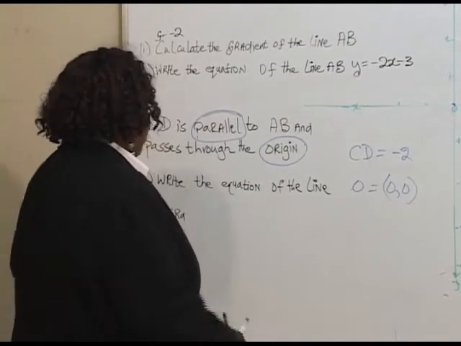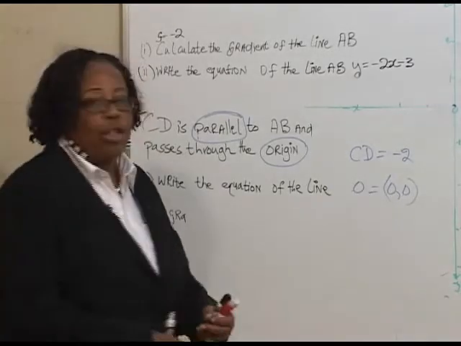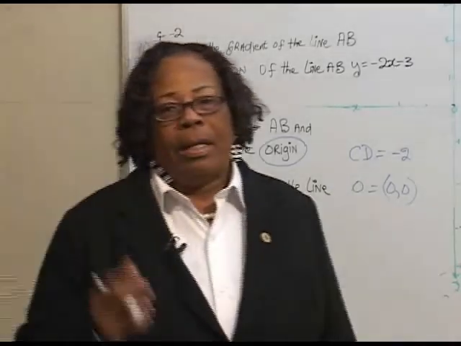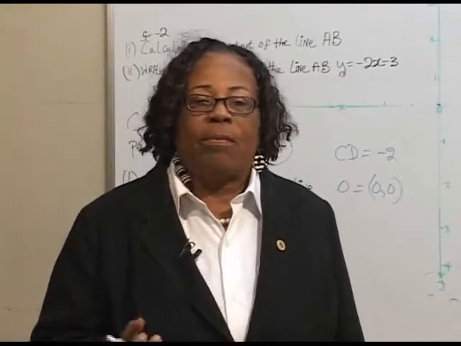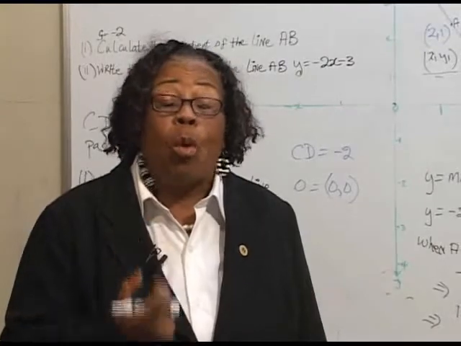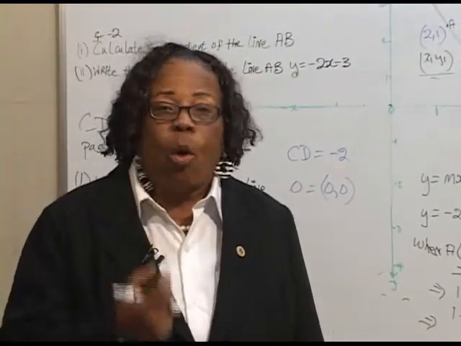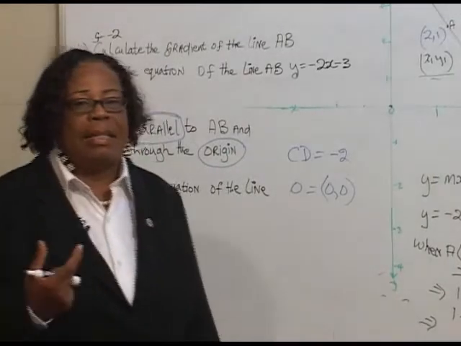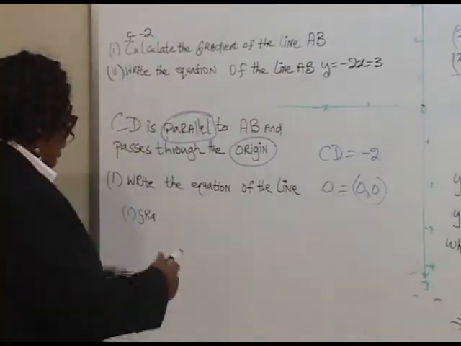They are asking us to write the equation of the line. Because they started with that particular gradient, with the fact that it passes through the origin, it means that they want us to use the coordinates of the origin to help in finding the equation of the line.